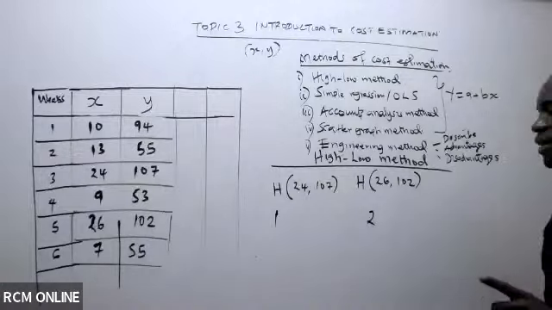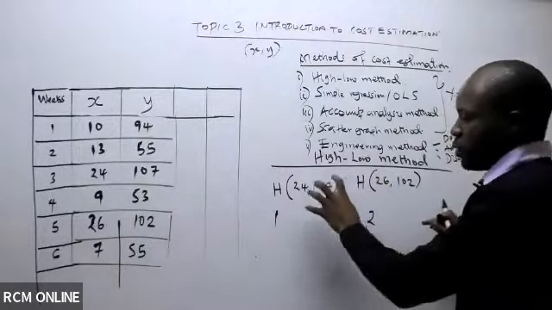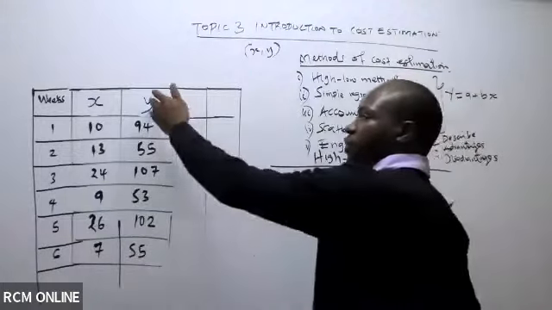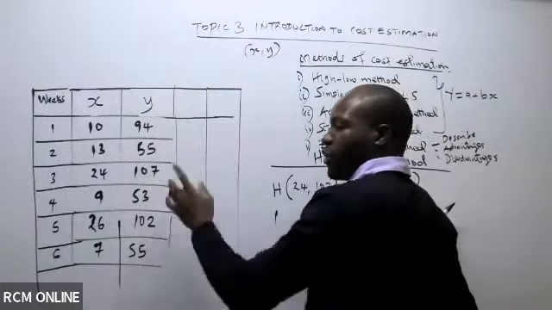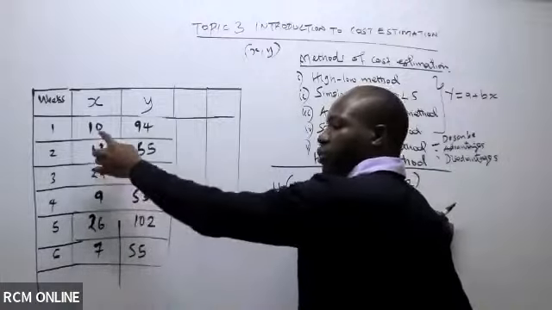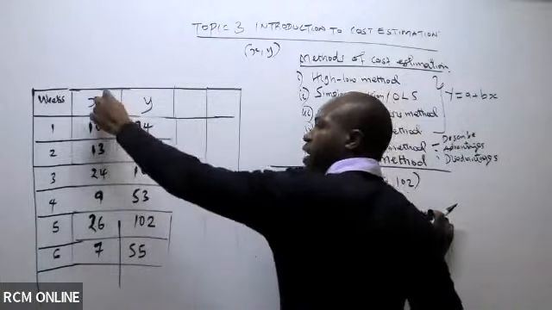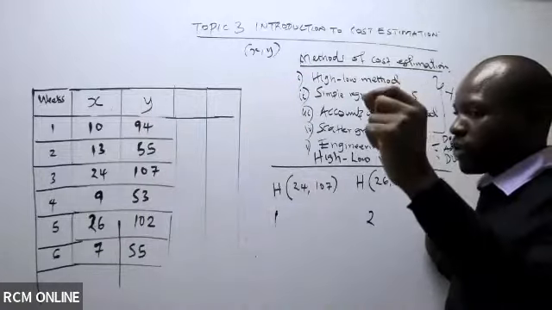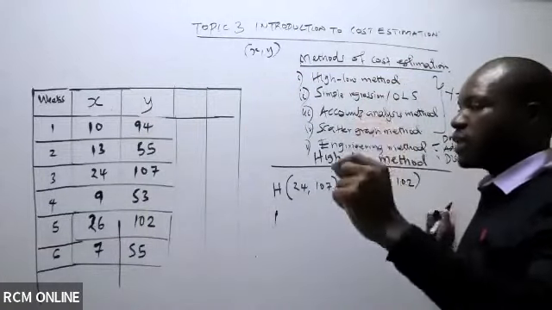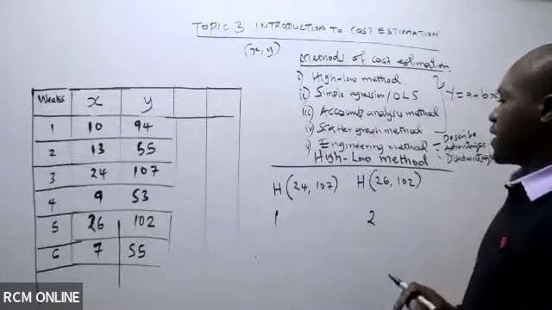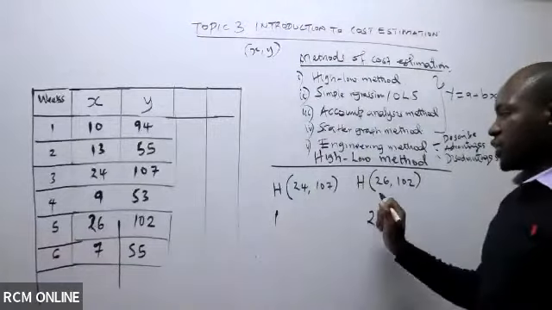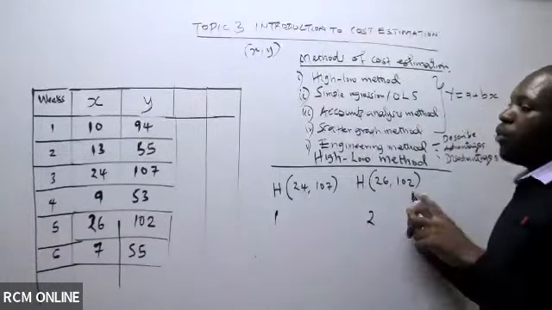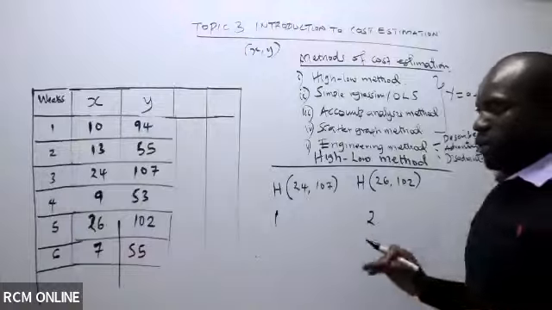Because the moment we pick the highest values pair, we don't focus on the highest values in column Y. We focus on the highest value in which column? In column X, because X is the cost driver. It does not depend on anything. It is the independent variable. So that leaves us with 26, 102, right?